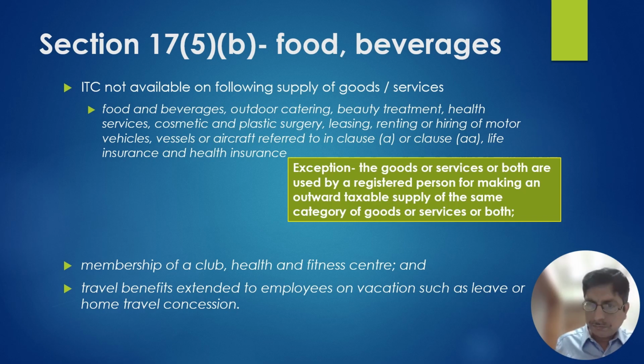Let's take one more example that in a mining, the work is going on in a mine or at the hill. Then under labor law, it is compulsion to give the service of transportation. It is available because it is under compulsion of law that service is provided to the employees.